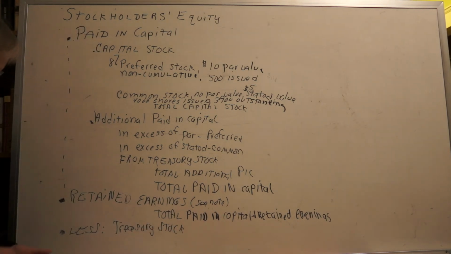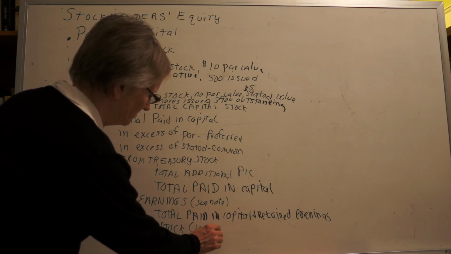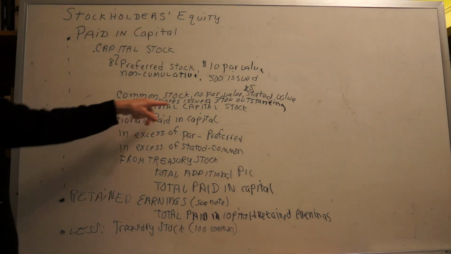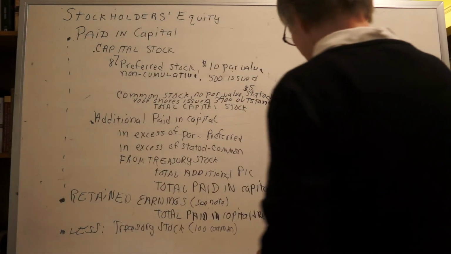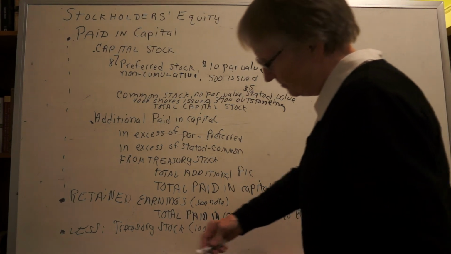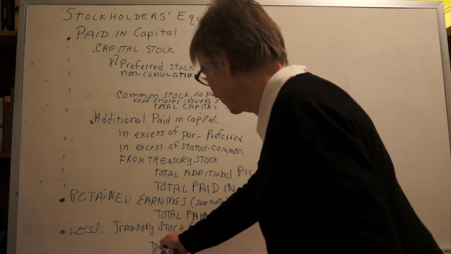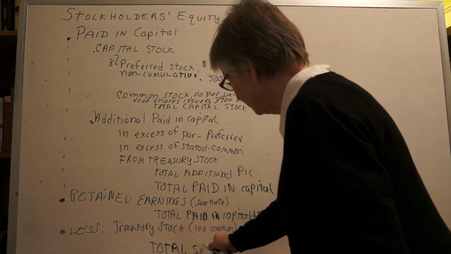In this case it's 100 common shares, and that's where you get the 4,000 issued but only 3,900 outstanding. That would be a deduction, and then at that point you can do your grand finale of total stockholders' equity.